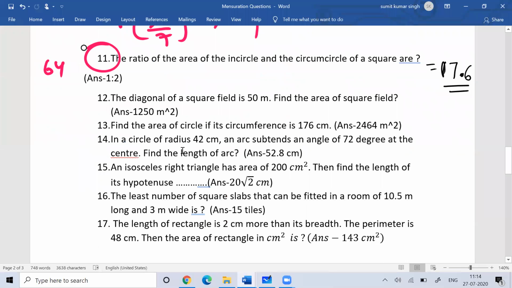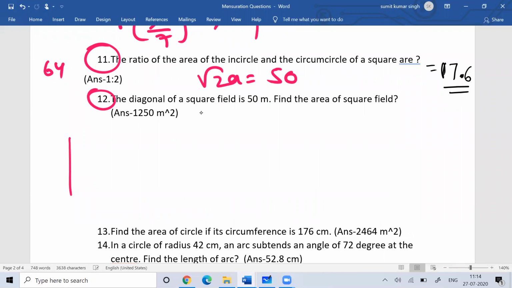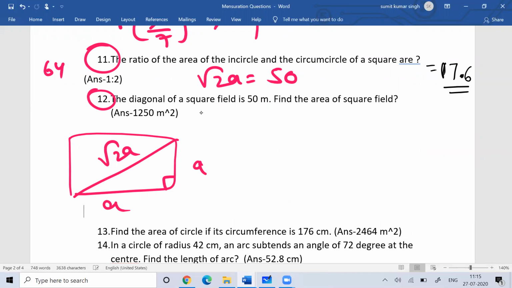Then, going further, if the diagonal is given, you understand the diagonal is root 2 a, where a is the side of the square. You can apply the Pythagoras theorem: in a square, all angles are 90 degrees, so the diagonal is root 2 a. So root 2 a is 50, so a is 50 by root 2.